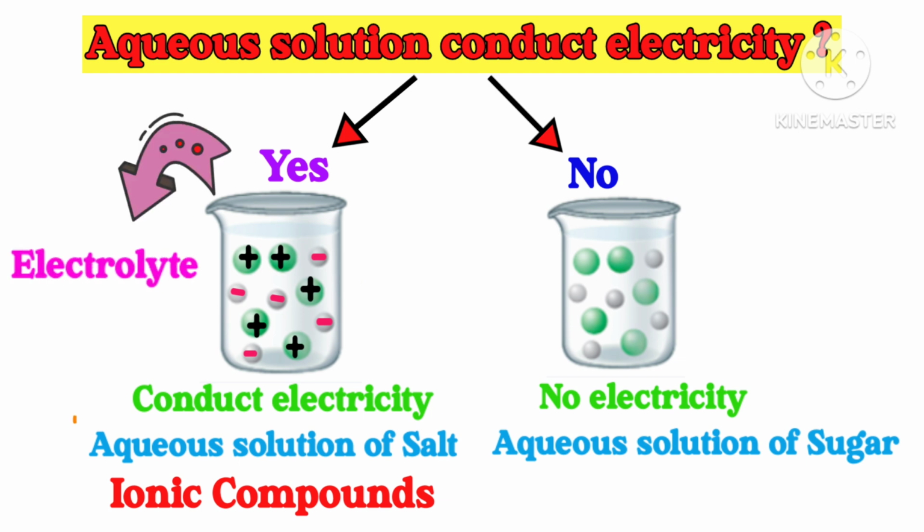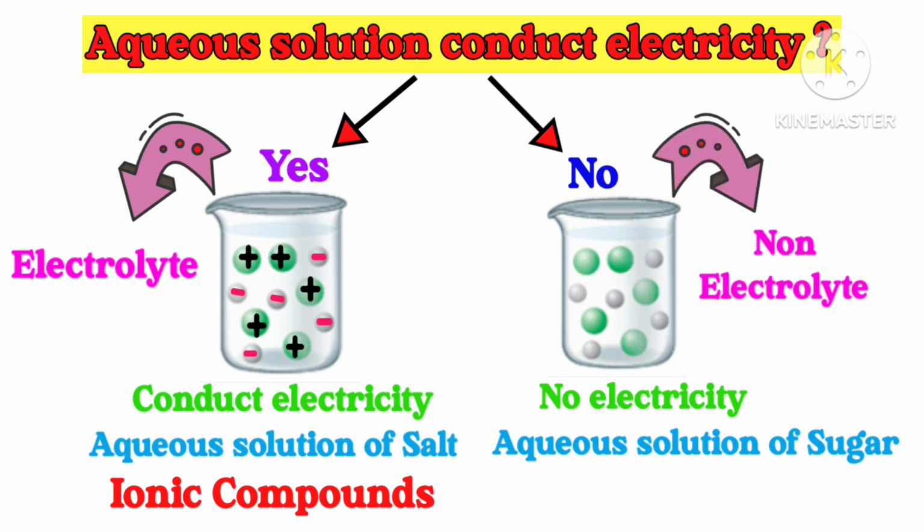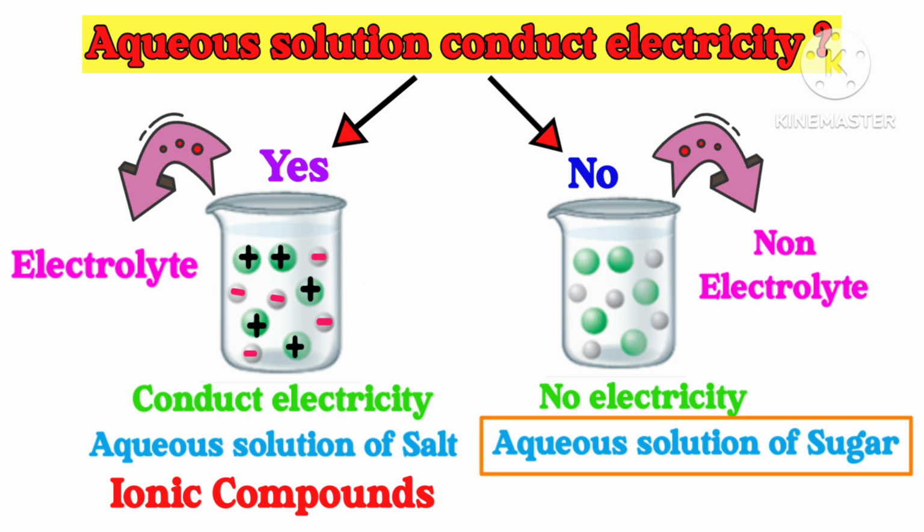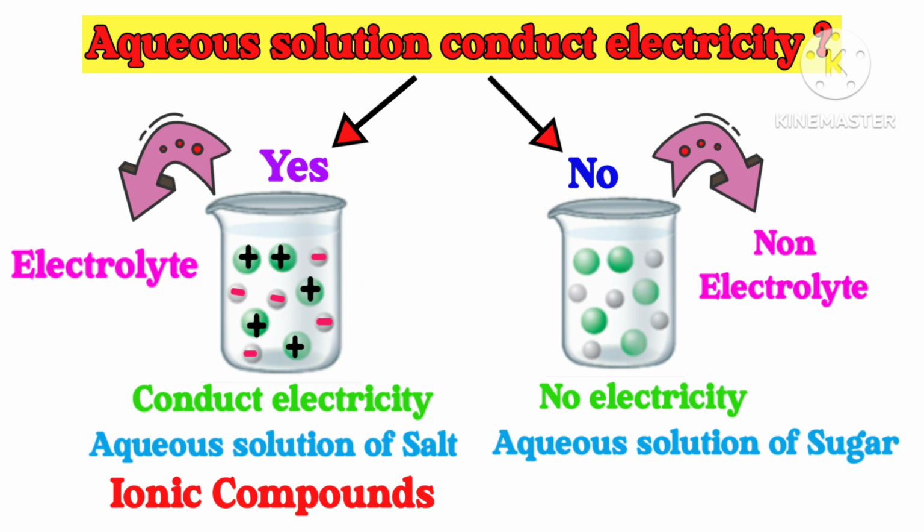For example, the aqueous solution of salt is also called an electrolyte, while those aqueous solutions which do not conduct electricity are called non-electrolytes. For example, the aqueous solution of sugar is also known as a non-electrolyte.